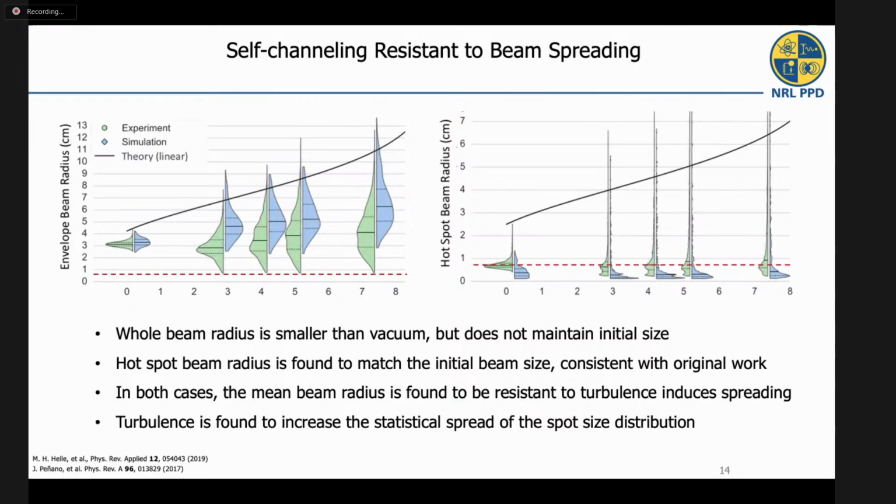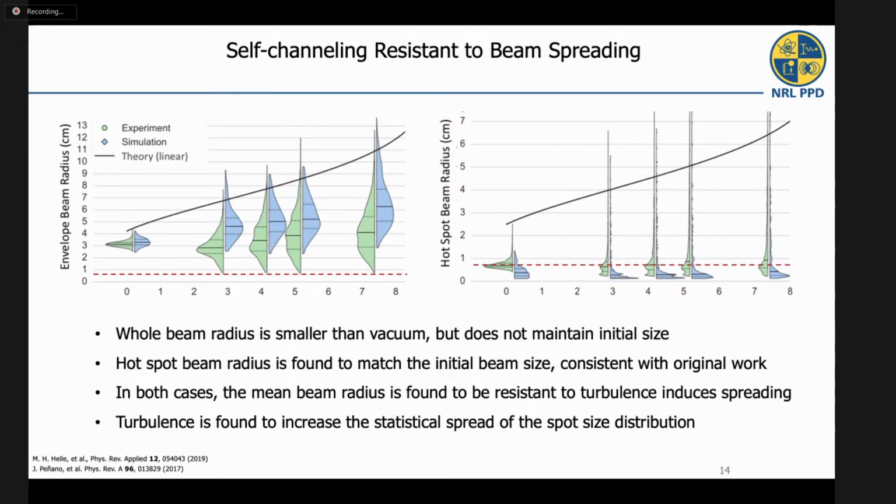Once again, simulations are in blue. And then the black line inside of each distribution plot is the mean, and the dashed lines are the standard deviations. So you can see as a whole, the experiments show that the beam is able to maintain approximately its same mean spot size, but then the distribution increases significantly due to the turbulence.